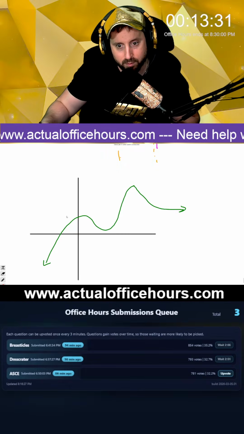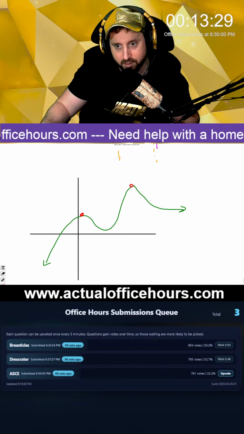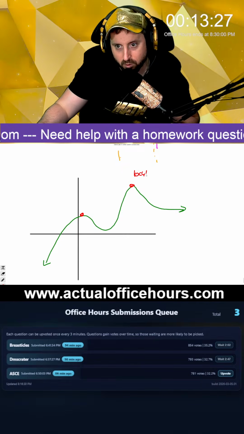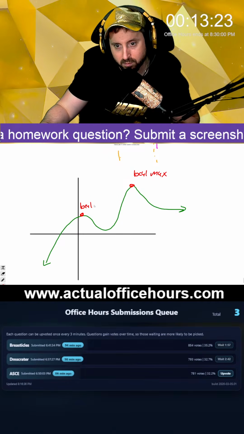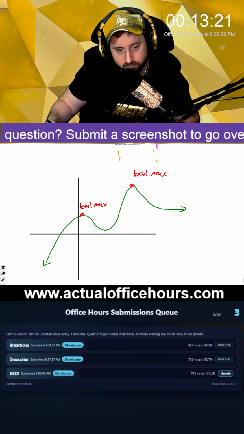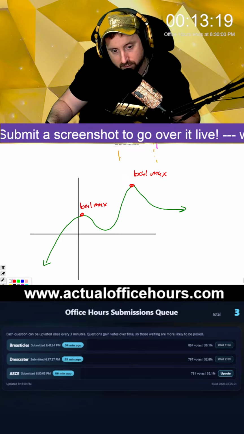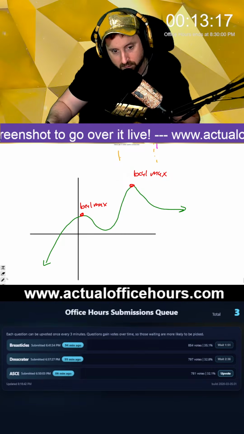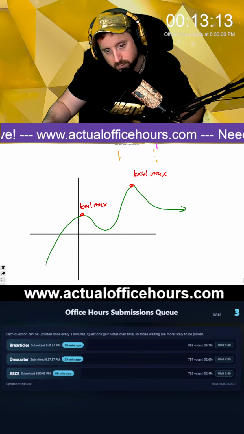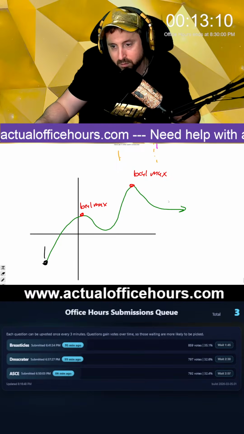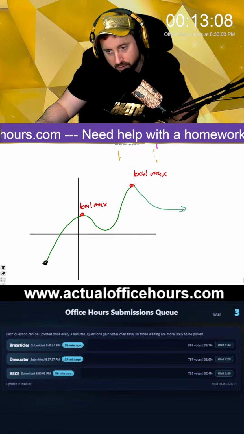So this and this are local maxes. And then let's say the function is defined from here to here. Let's not make it infinite, sorry.